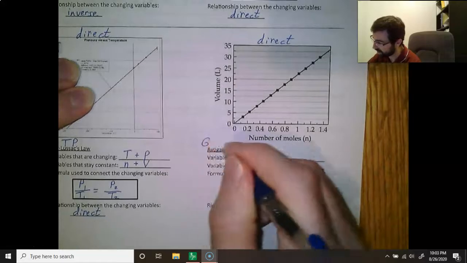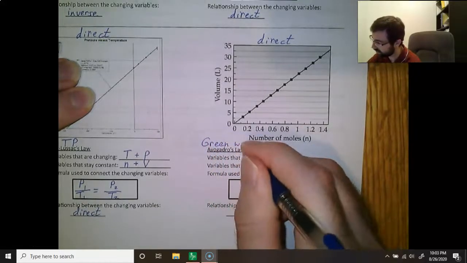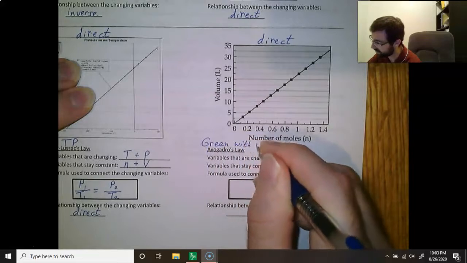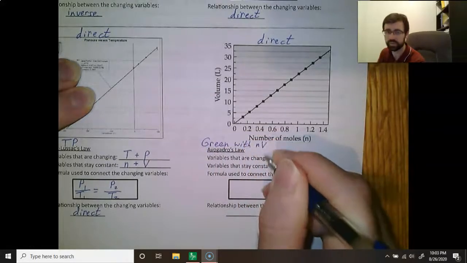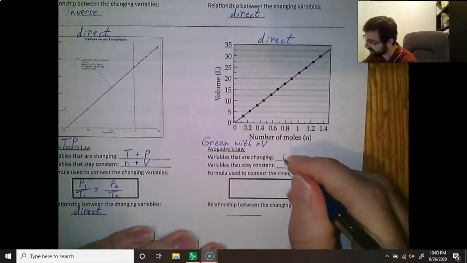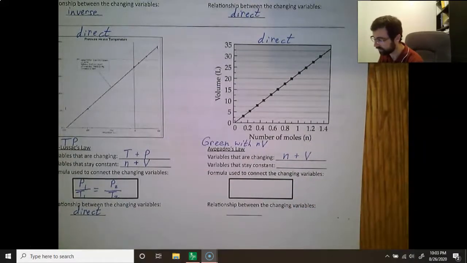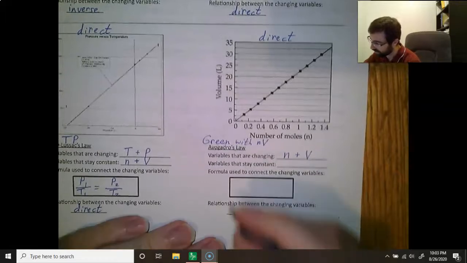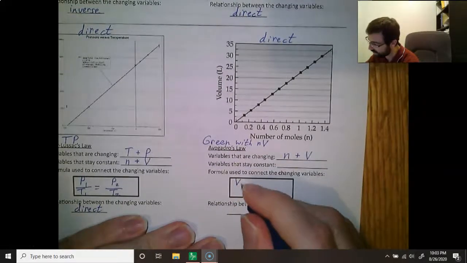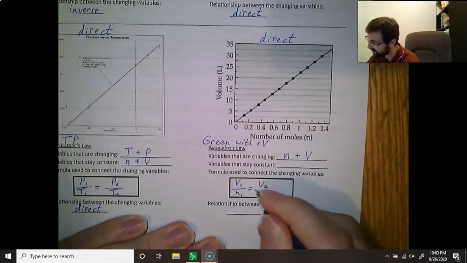Avogadro sounds like avocado. Avocados are green with envy in V. I know it's a pun, but it works. Okay, because the moles and the volume are what's changing. Our relationship is V1 over N1 equals V2 over N2.